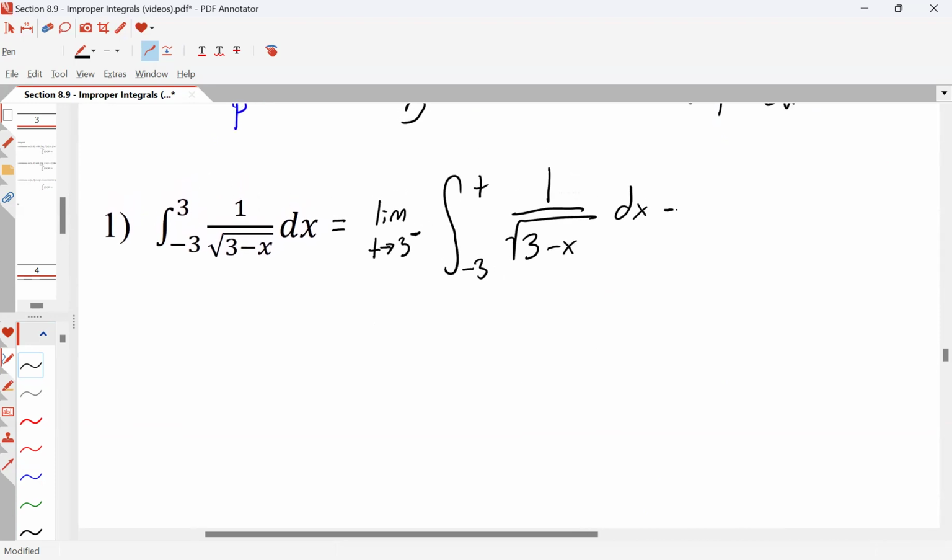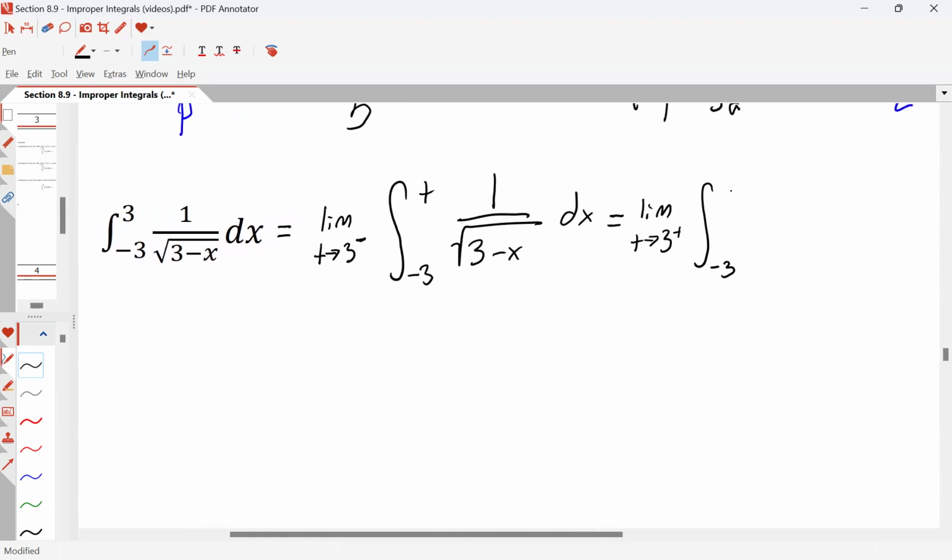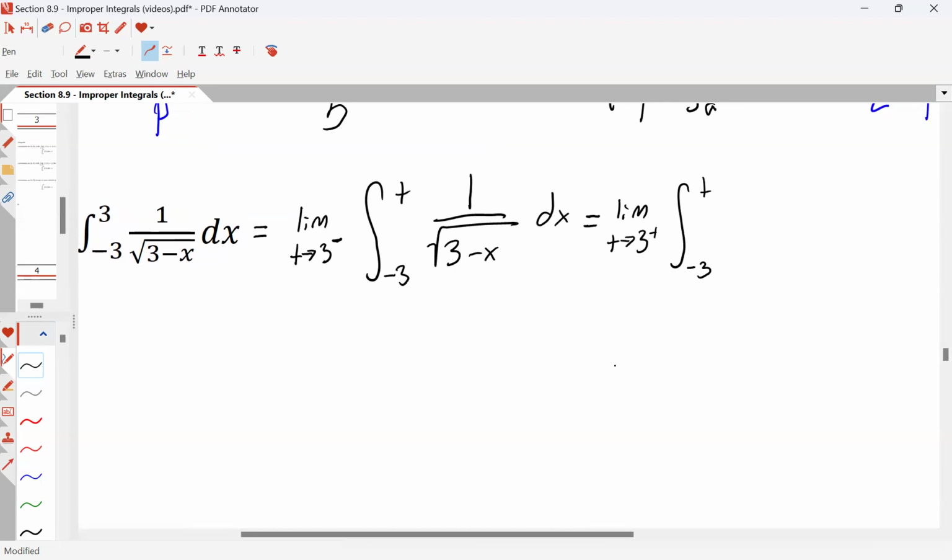A quick rewrite to help us evaluate this integral: the square root in the denominator is 3 minus x to the -1/2.